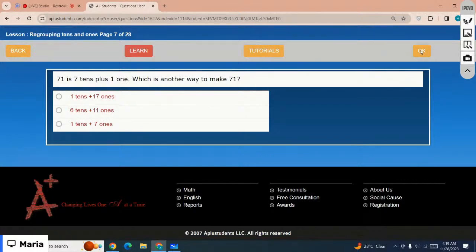The correct option is 6 tens plus 11 ones. 60 plus 11 makes 71.